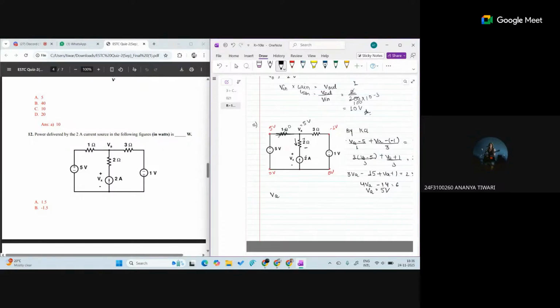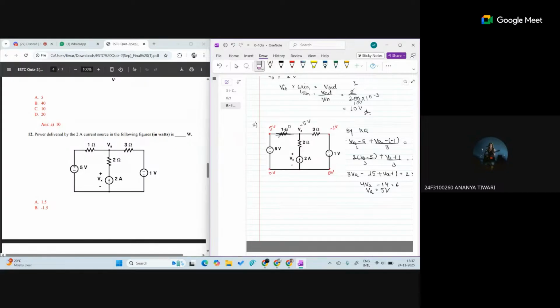We already know the sign, 2 ampere. So we can find the voltage across this 2 ohm. This would be 2 ohm into 2 ampere. How to find my voltage across the 2 ohm? Instead of here, we can go from here.